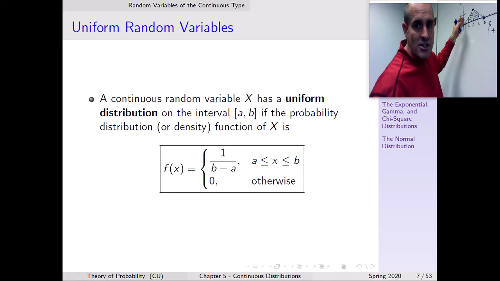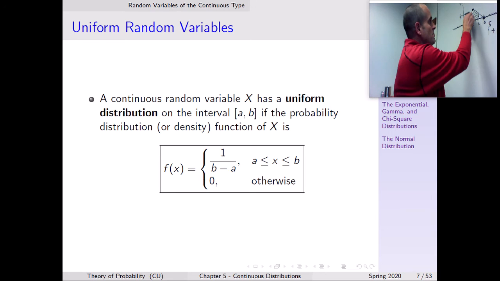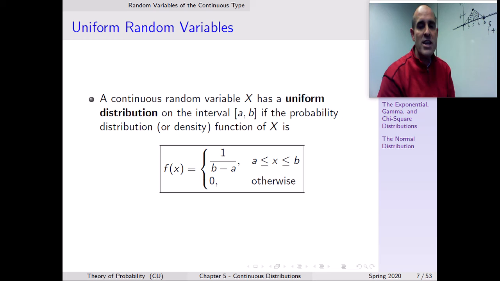I mean, there's less area accumulation down here and up here than there is in the middle. So this distribution says that the random variable is more likely to be in the middle somewhere than it is on the edges. With a uniform distribution, that's not true. It's equally likely to be anywhere.